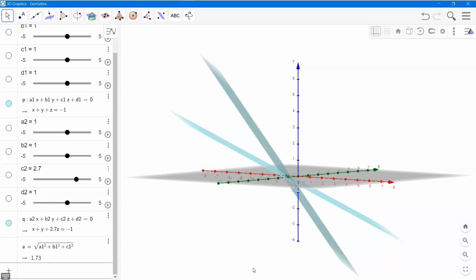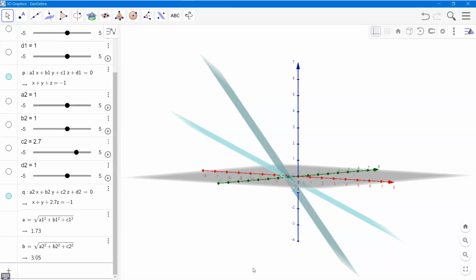That is the magnitude. Similarly, we require it for the other plane: square root of a2 square plus b2 square plus c2 square. Now we have this magnitude, and now we can apply the formula.